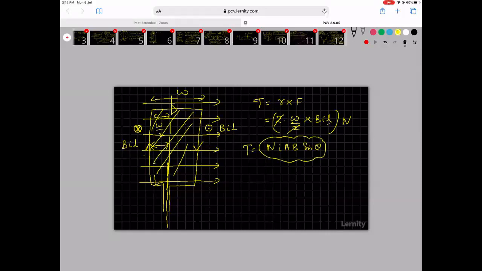N for number of turns, I for the current, A for the area of the loop, B for the magnetic field, sine theta.